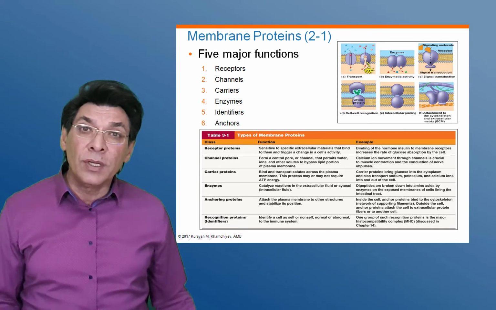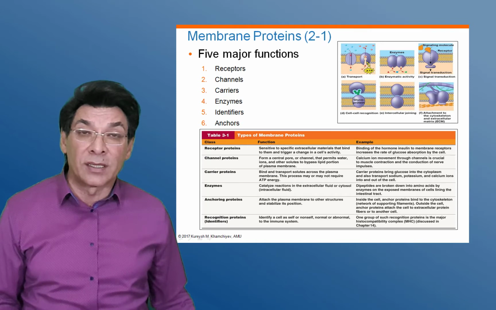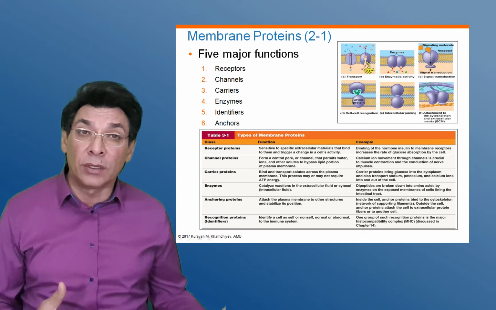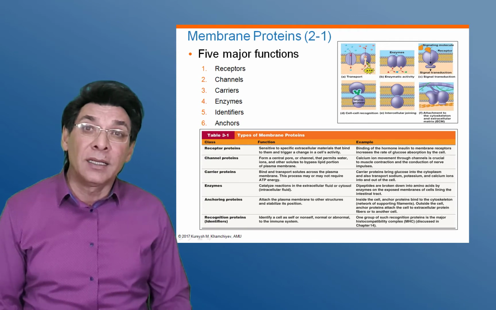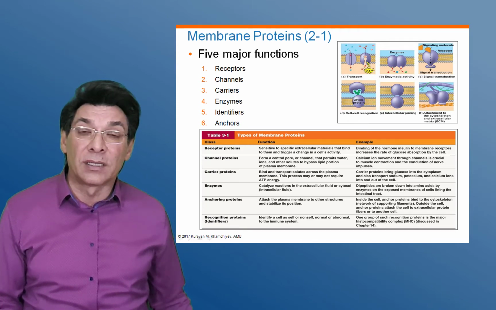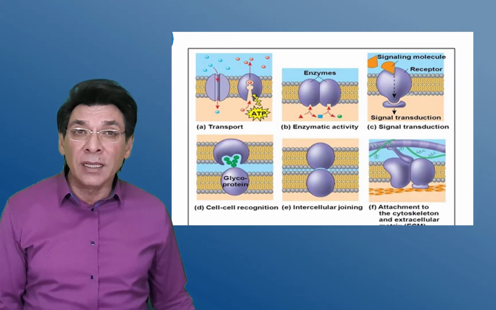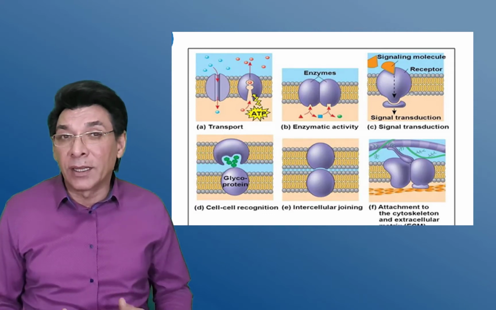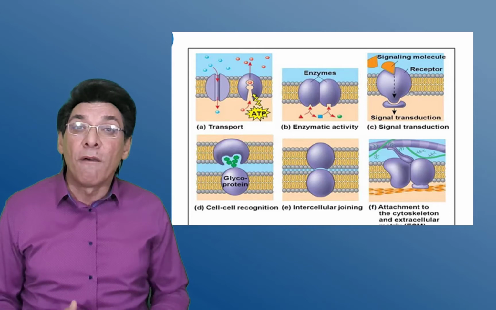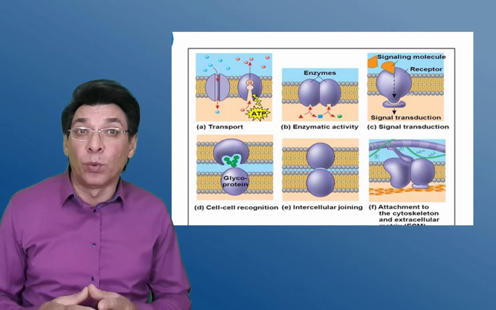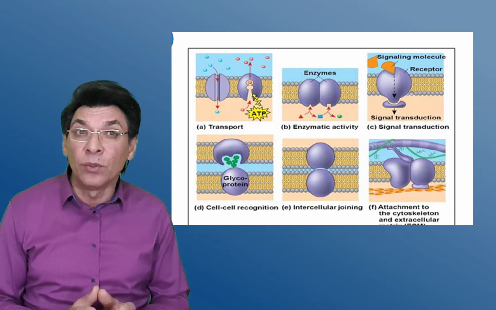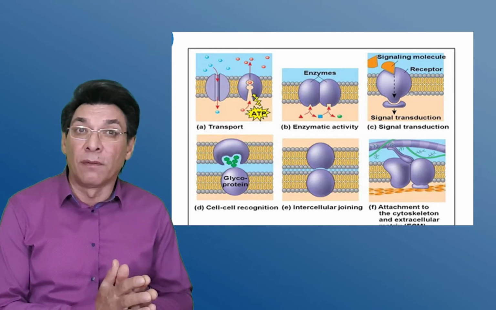There are two categories of protein transporters. First is protein channels, and second, protein carriers. Protein channels are well named. They are much like little water-filled channels, forming a passageway that directly links the intracellular fluid to the extracellular fluid.